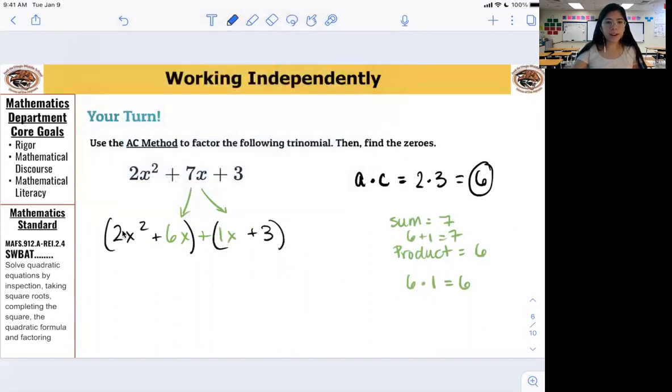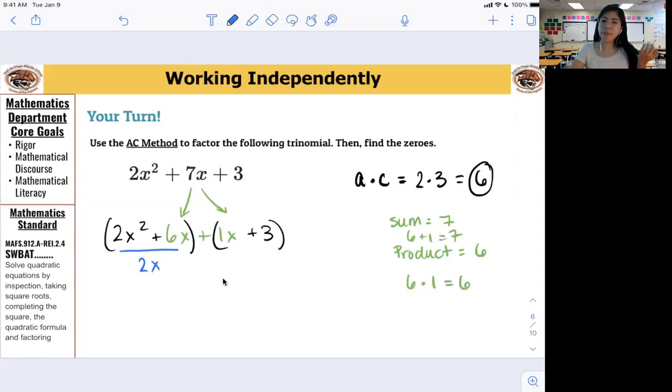What can I divide out of these two terms? What are they both divisible by? 2 and x. Good. Now, are these divisible by anything?